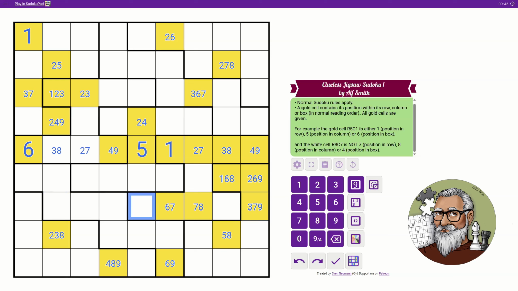And it's not, what's this? 6. Oh, this is the 7th position. Yeah, it's not 6. Does that matter? No 1, no 5, and no 6 or 7. Still five possibilities.